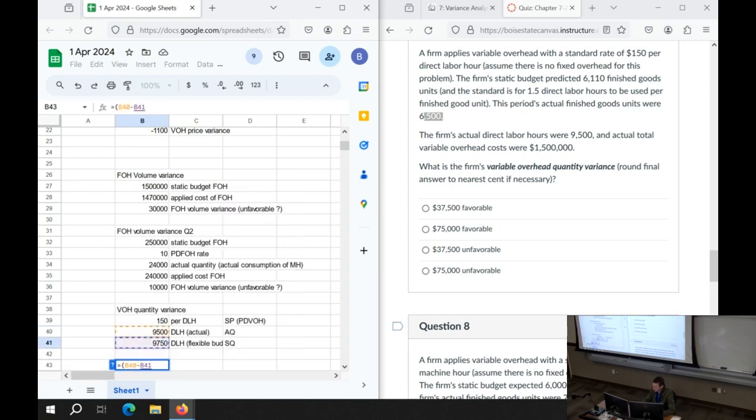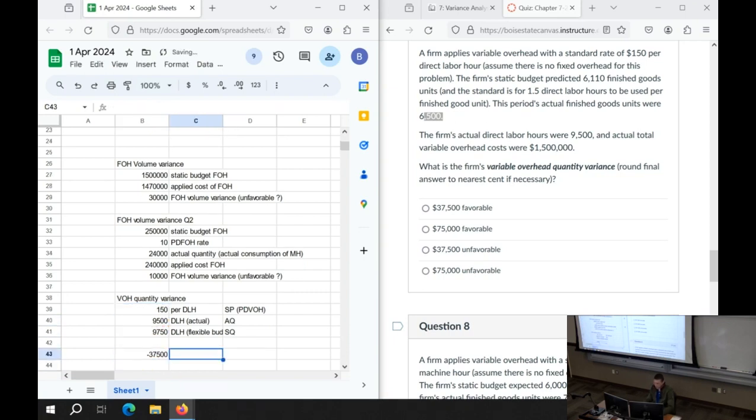Okay, so we can take, I'll put the parentheses in, actual minus standard, all times our standard price, and we get our variable overhead quantity variance. So it's negative, which should mean favorable. Which makes sense. We can double check.